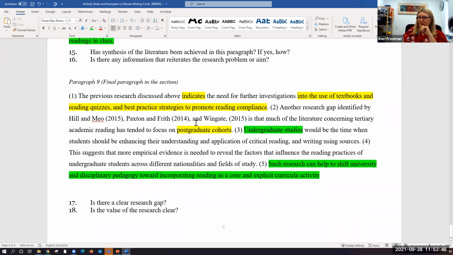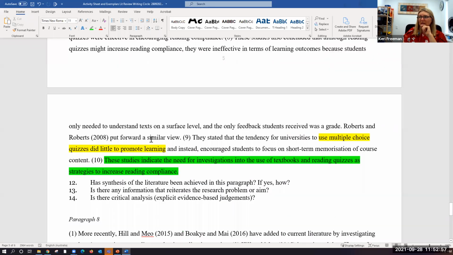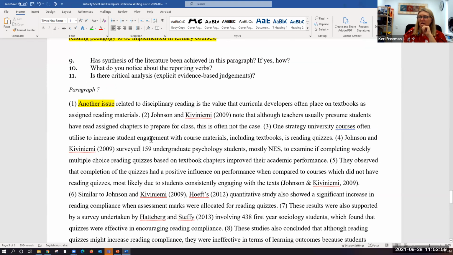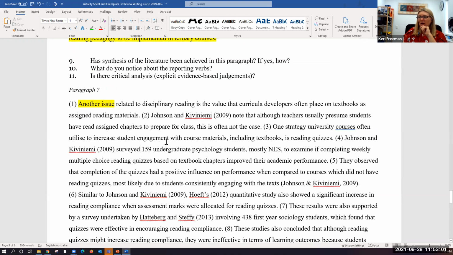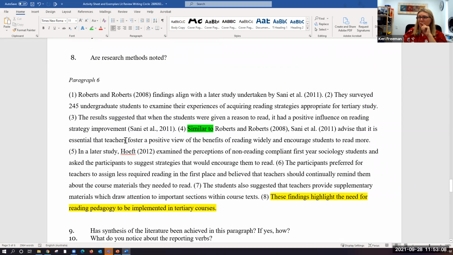Another research gap was about it being postgrads. So the comment about postgrad, I'm not sure whether that was totally highlighted up here, because all of these seem to be about undergrads. There would be something in there about their first years.